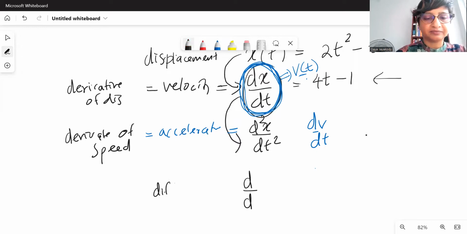Take the verb, the action, differentiate.